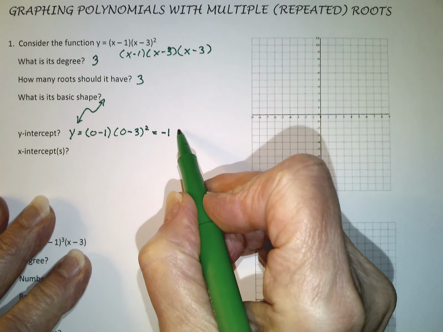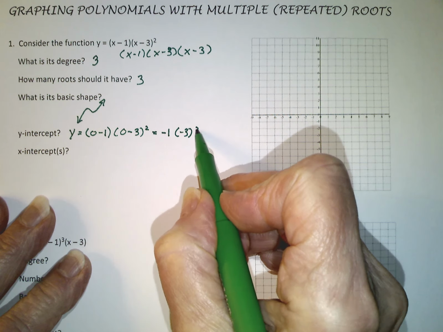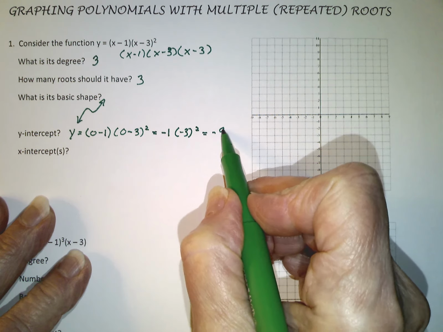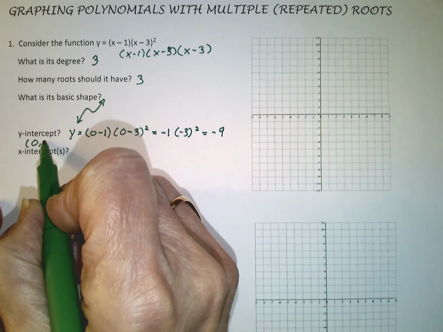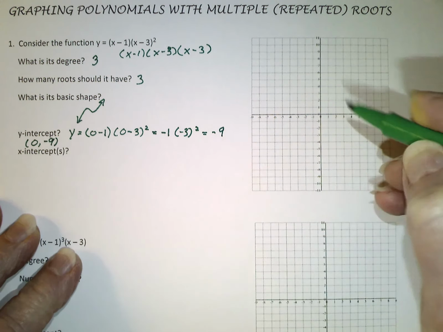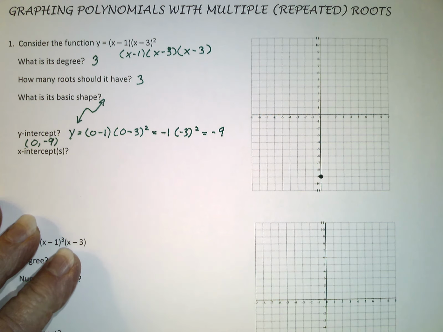So that would be negative 1 times the square of negative 3, which comes out to be negative 9. So when x is 0, y is negative 9. And we already know 1 point on our graph.